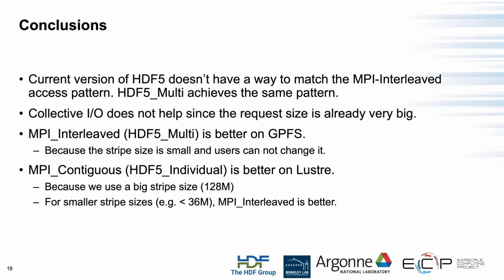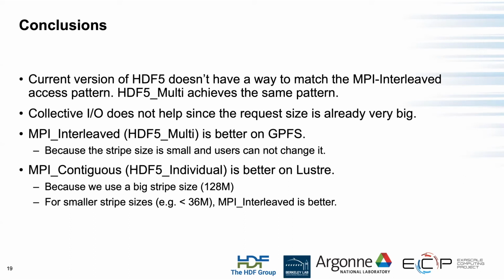So in conclusion from that study, you can see that HDF5 doesn't have an inherent way to match the MPI interleave access pattern. You can get something similar with the compound data type, but a lot of users can't really use compound data types.